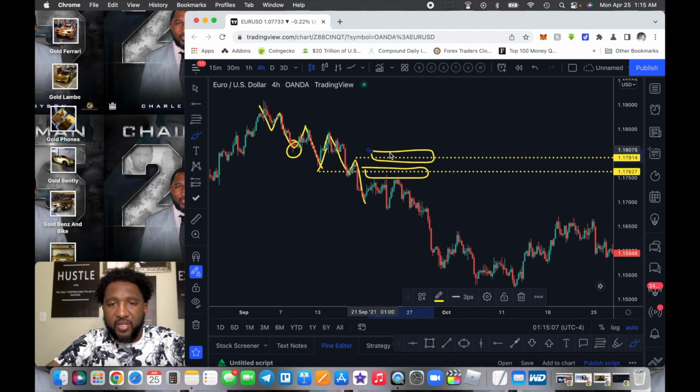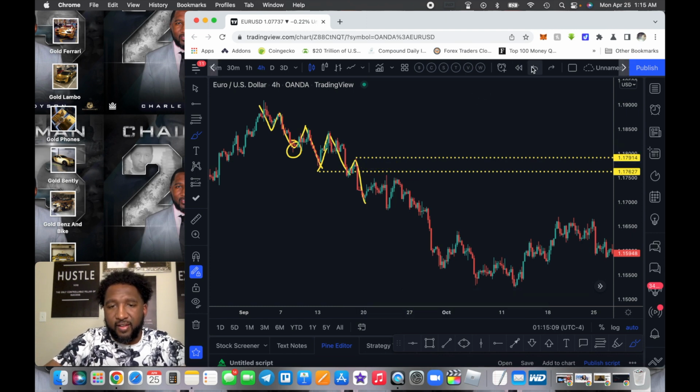It does not have to be exact on the line. So this actually counts. Right here, see you got wicks right along that zone. I want you to think of this line as a zone, and then you got your market drop. You got the market continuing its downtrend. Okay, all right. So the market continues its downtrend.